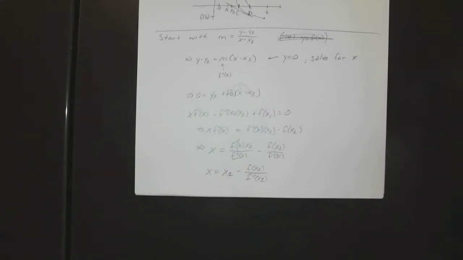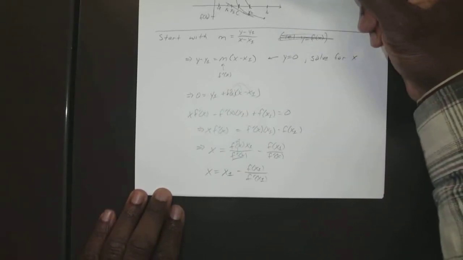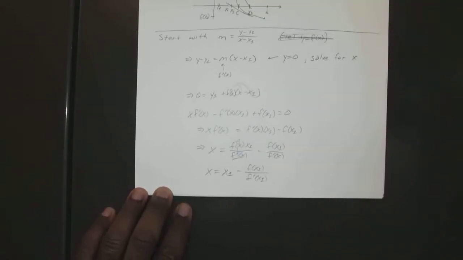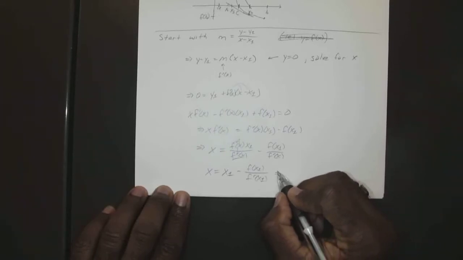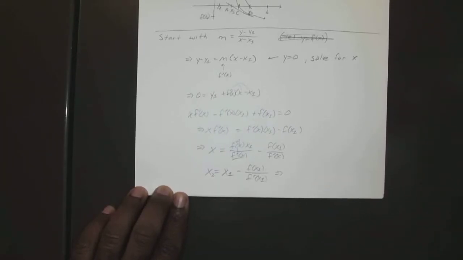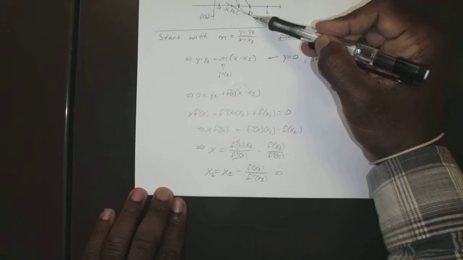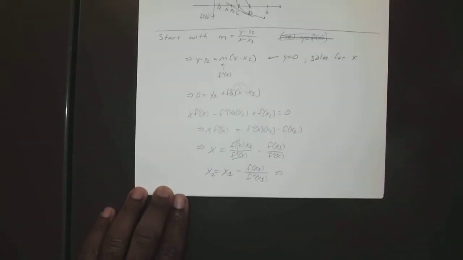So what we're doing is we're using our first tangent line till it goes through our x-axis, and then we're going to use that to find our second. So really, this becomes x2 is equal to x1 minus f of x1 over f prime of x1, because we're now going to use that x2 and do the same thing over again.